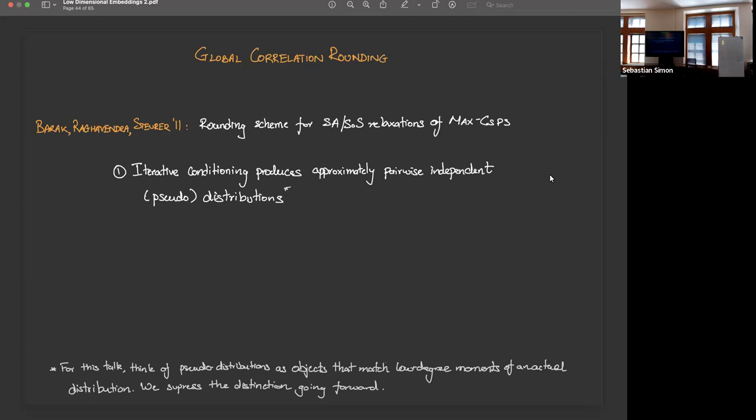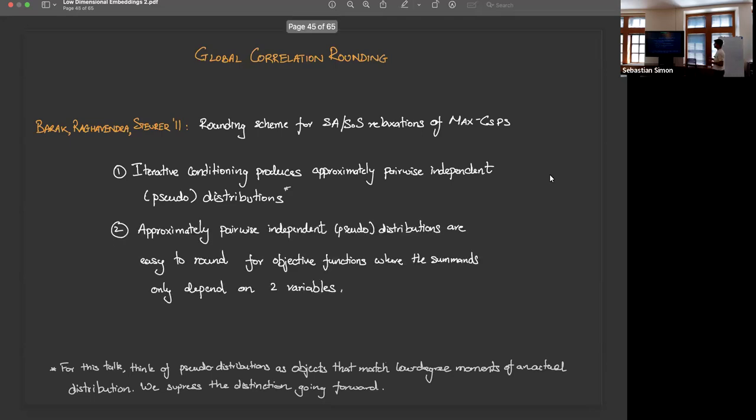So what does this correlation rounding thing say? It says the following. If I iteratively condition on the values of the variables, this produces an approximately pairwise independent distribution. So conditioning makes you more product. And the second thing is that if you are approximately pairwise independent, then you're easy to round, because I can just round each variable independently.